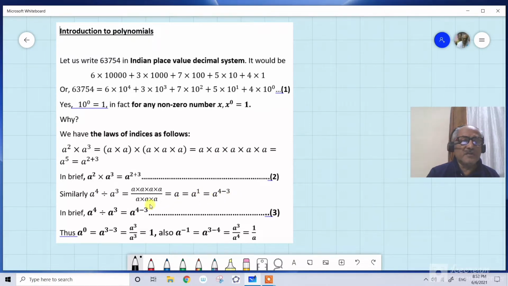That means a to the power 4 divided by a to the power 3 is a to the power 4 minus 3. So a to the power 0 can be written as a to the power 3 minus 3, that is a to the power 3 by a to the power 3 is 1. Also you can write a to the power minus 1 as a to the power 3 minus 4, that is a to the power 3 by a to the power 4 is equal to 1 by a.